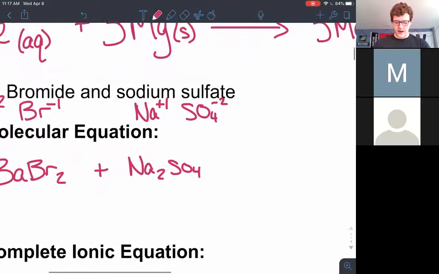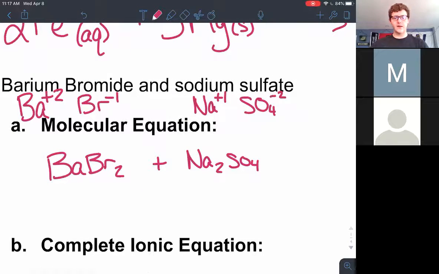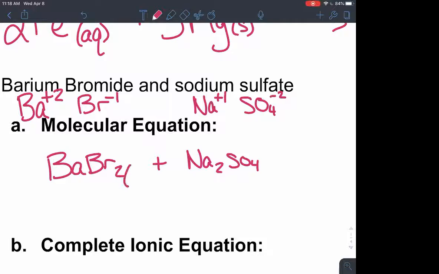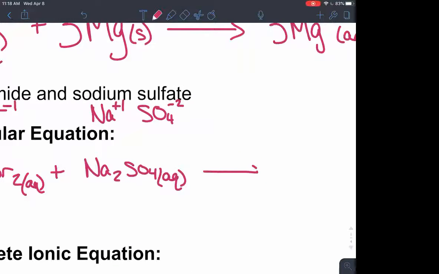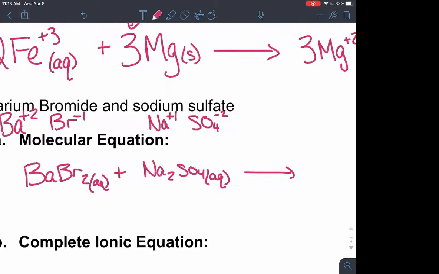All right. Now I'm going to tell you real quick that these are both going to be aqueous solutions, just because I don't have the solubility chart in front of me. And aqueous. All right. And now let's come up with our 2 reactants. So can you tell me the 2 reactants now?